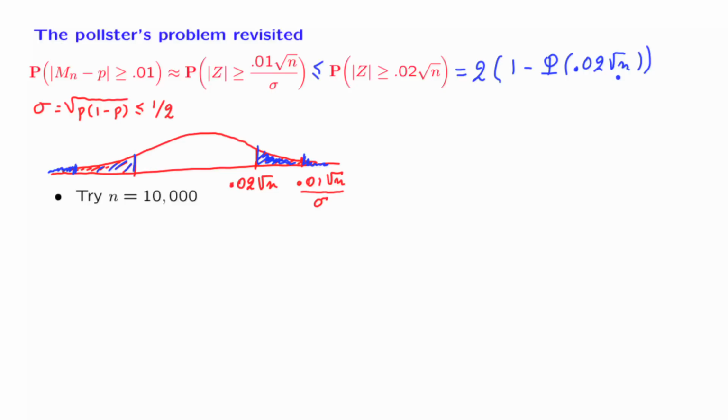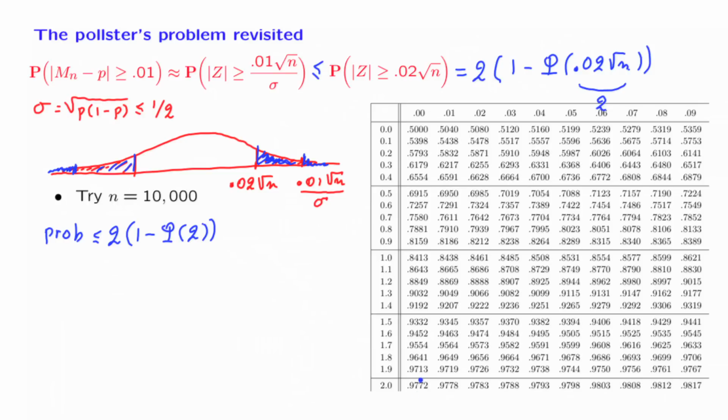If n is 10,000, then square root of n is 100, and this number becomes equal to 2. And so in this case, what we obtain is that the probability of interest is less than or equal to 2 times 1 minus phi of 2. And now we invoke the standard normal table, and from the normal table we obtain that this quantity is equal to twice 1 minus 0.9772, which evaluates to 0.046.